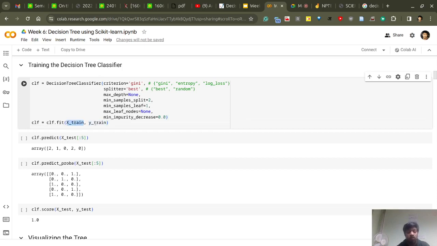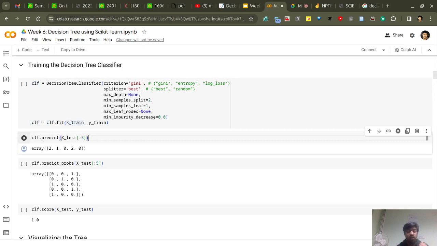These are the features and these are the labels. We fit the model on this. After training is done, we predict the labels of the first 5 examples.